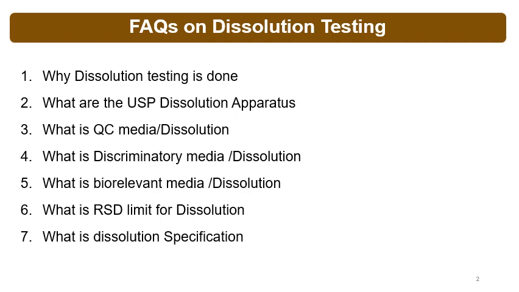The discriminatory method of dissolution can detect the batches which are manufactured outside the specified ranges of the process. That means, in simple words, the discriminatory media can detect the batches which are mismanufactured, like hardness of the tablet.